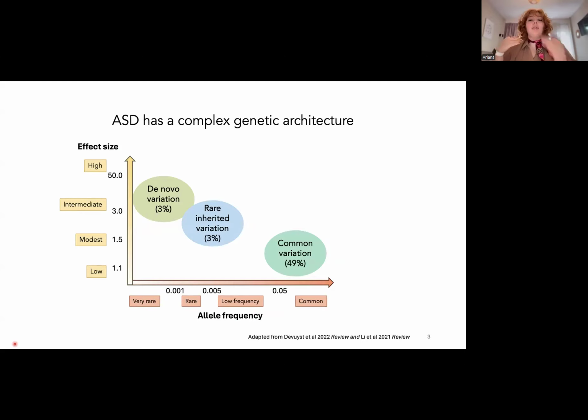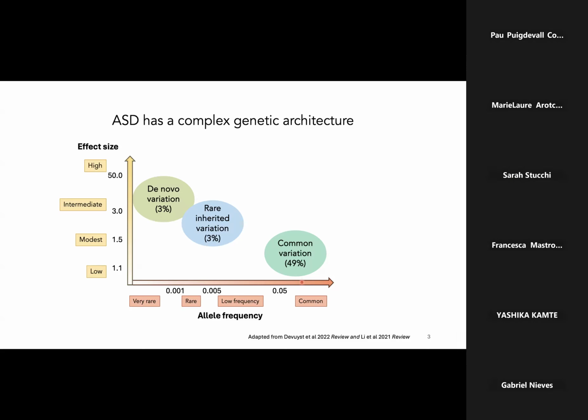There are many disorders that have both genetic and environmental components. In autism specifically, the genetic architecture is complex, and this plot captures that. On the x-axis, we have allele frequency, how often a variant is seen in the population. On the y-axis, we have the effect size, how strongly that variant influences disease risk.